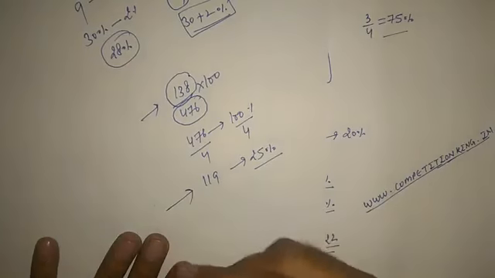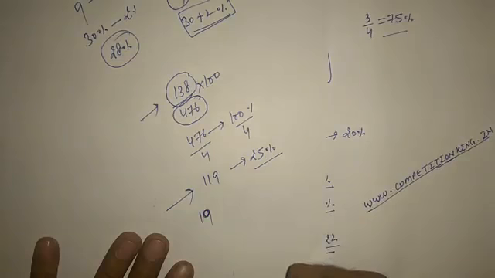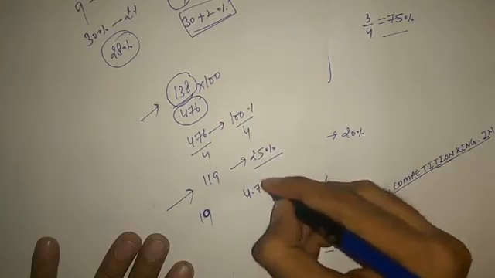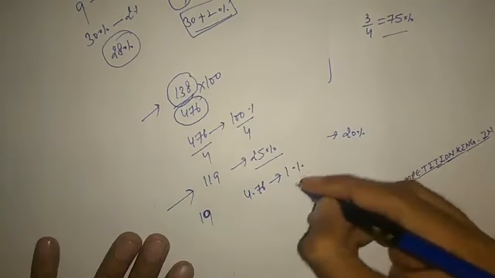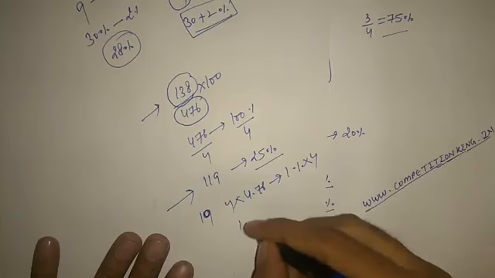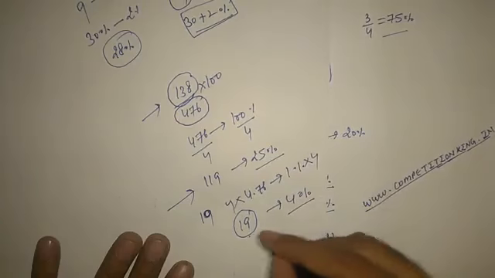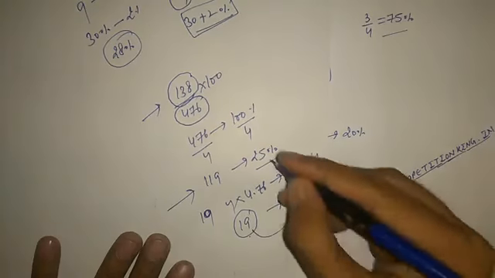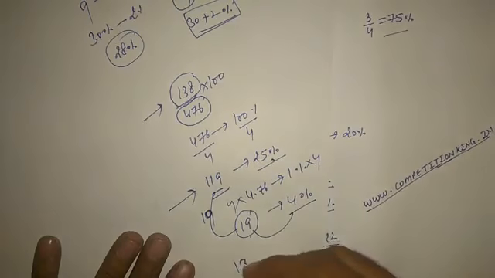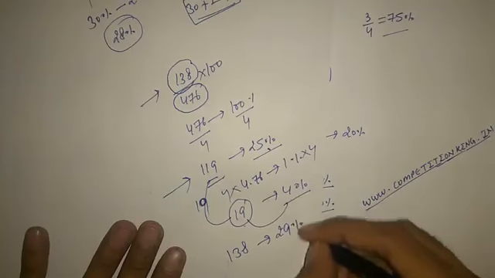We have calculated 119, which means 19 more. If I find 19 more, I will get the answer. But I know 4.76 is 1%. If I multiply this by 4, this will be approximately equal to 19 and this is equal to 4%. Already 119 is 25%. This means 138 will be approximately 29%.